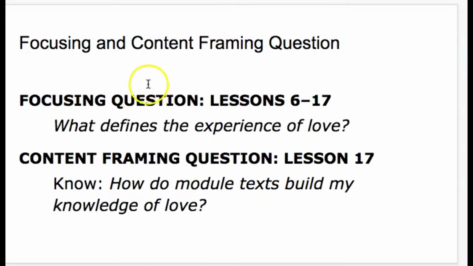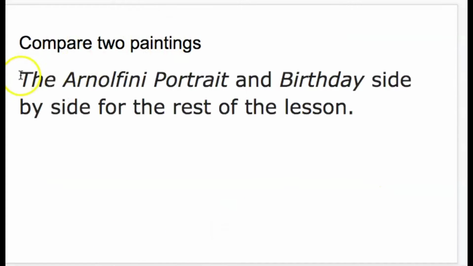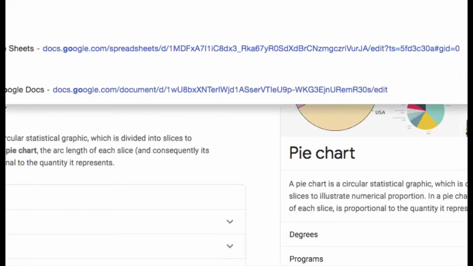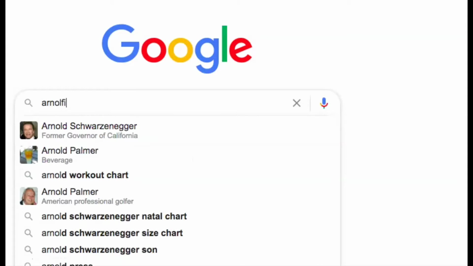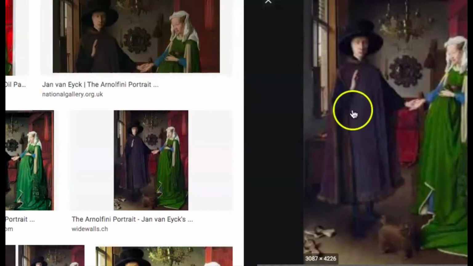Now looking at our focusing question: what defines the experience of love? Our content framing question in our know stage says, how do module texts build my knowledge of love? Let's look at the two paintings side by side that we've been looking at. We've got the Arnold Feeney portrait and the birthday. I'm going to have both of these inside of Schoology for you guys to click on. So we've got the Arnold Feeney, that's this painting here.